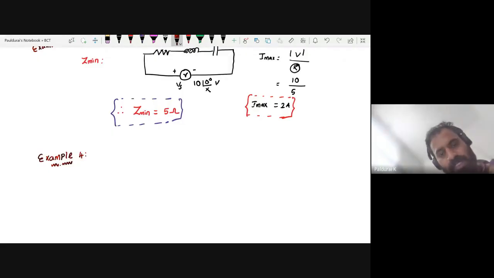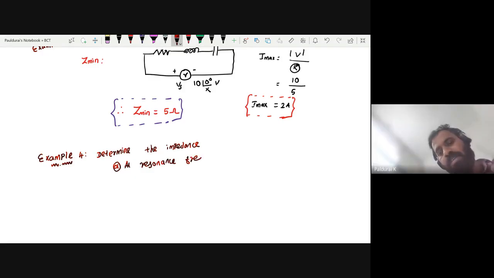You want to calculate 3 things. First one, determine the impedance at resonance frequency.